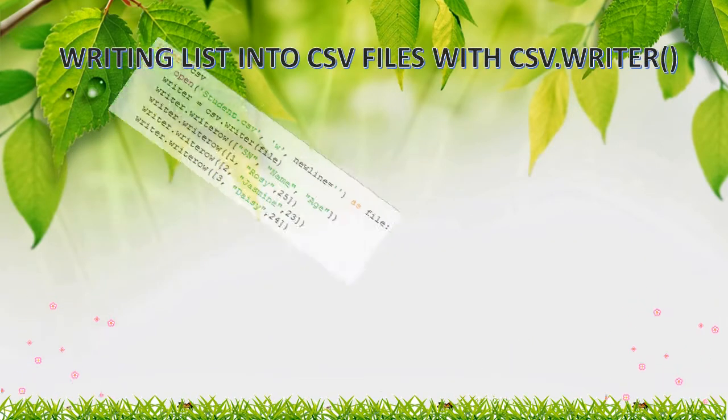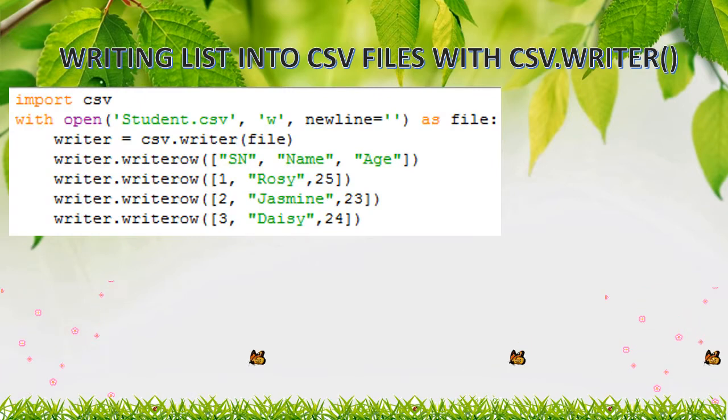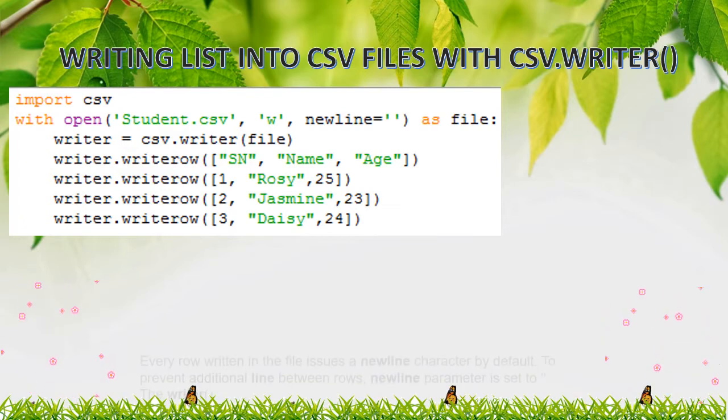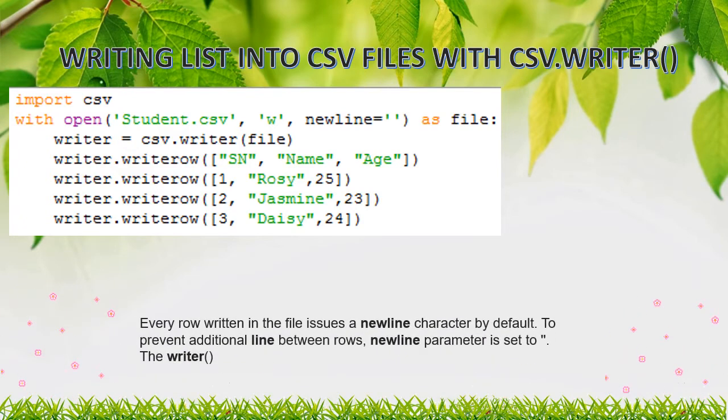So the first program: how to write the list of data into the CSV file using the function csv.writer. First we are opening the file student.csv in write mode, and newline is a default character for every row.